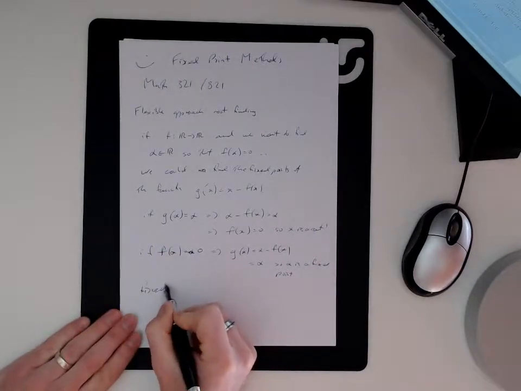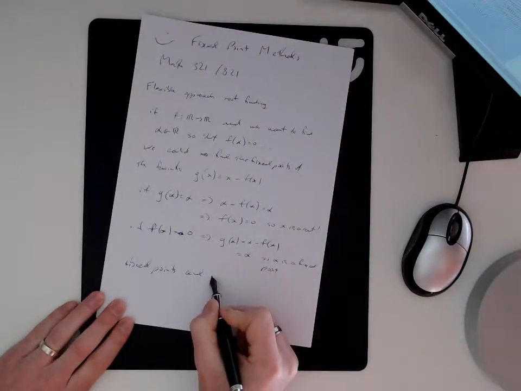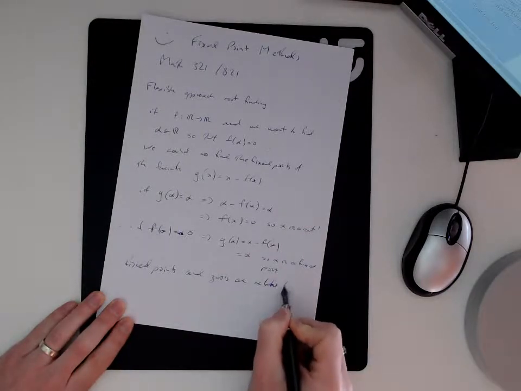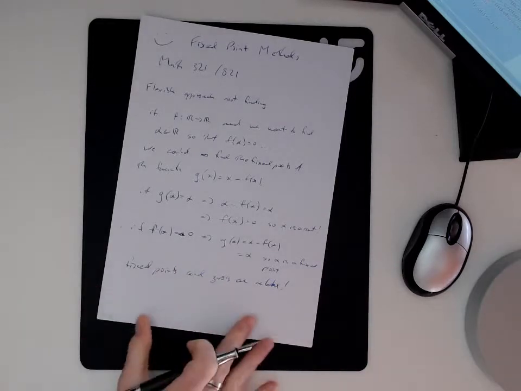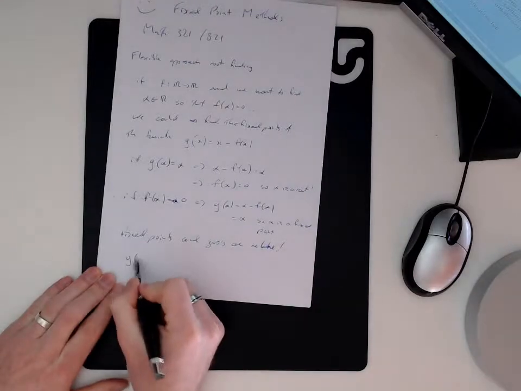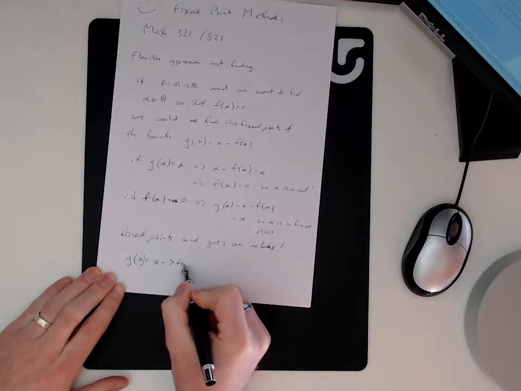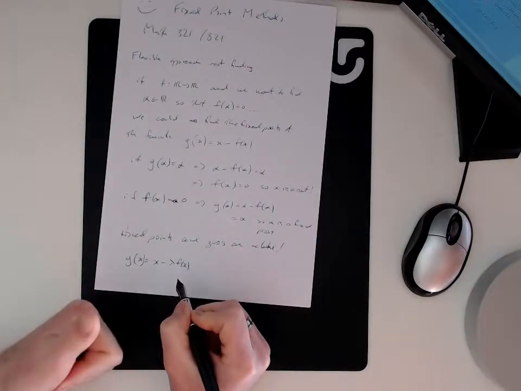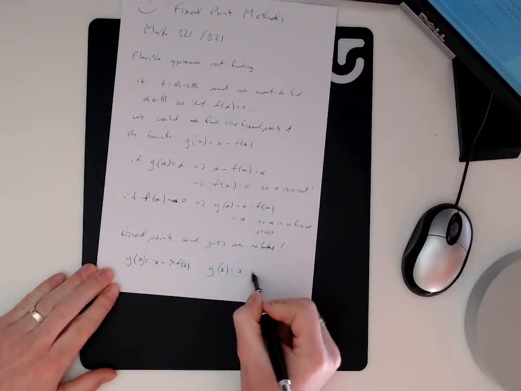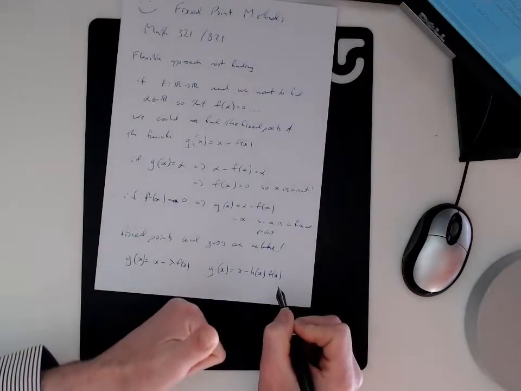Fixed points and roots, this says zeros, are related by clever choices of my function g. Other choices of g work quite well as well. g of x equal to x minus some number times f of x is fine. g of x equal to x minus some function h times f of x works perfectly well.